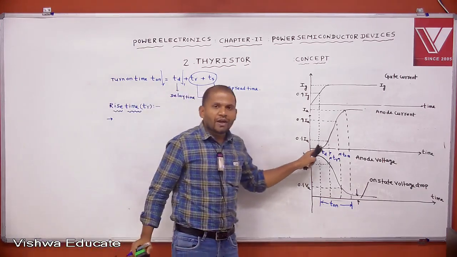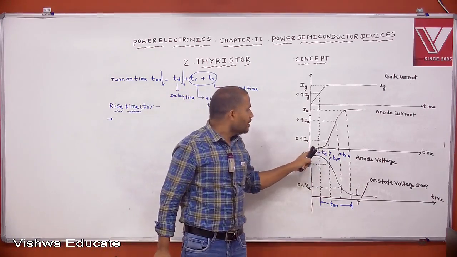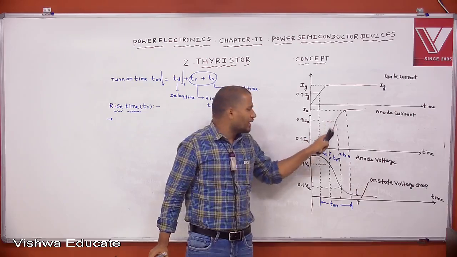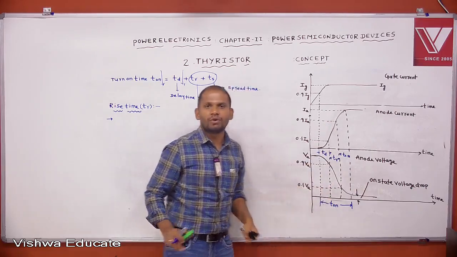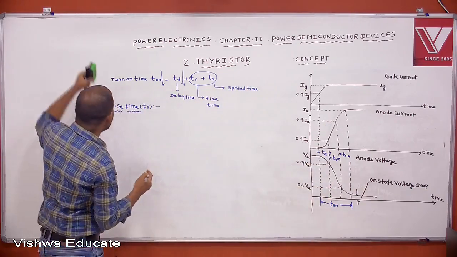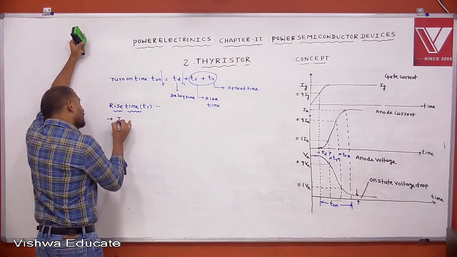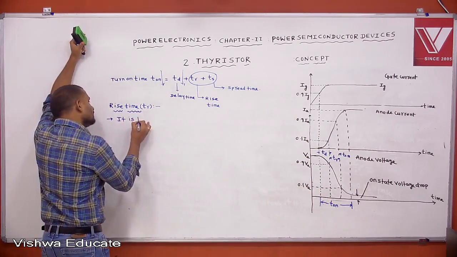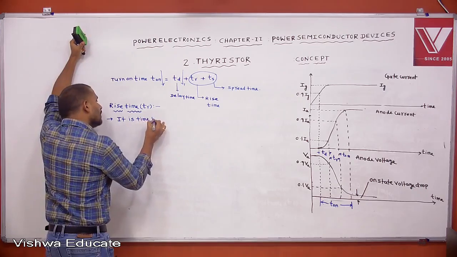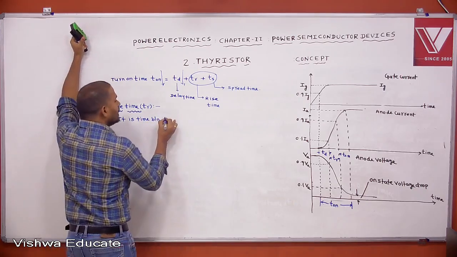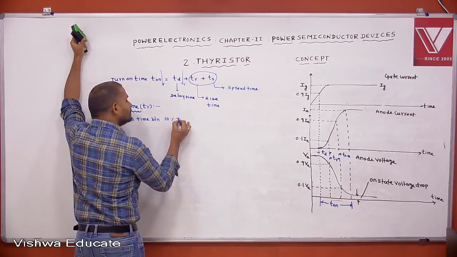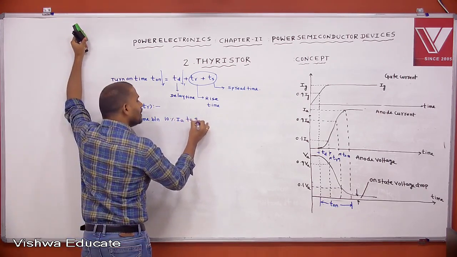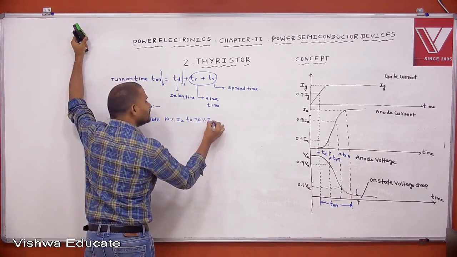Again we can define it with respect to voltage and current. With respect to current it means rise of current, and with respect to voltage it means fall of voltage. One definition is with respect to current: it is the time between 10% IA to 90% IA.